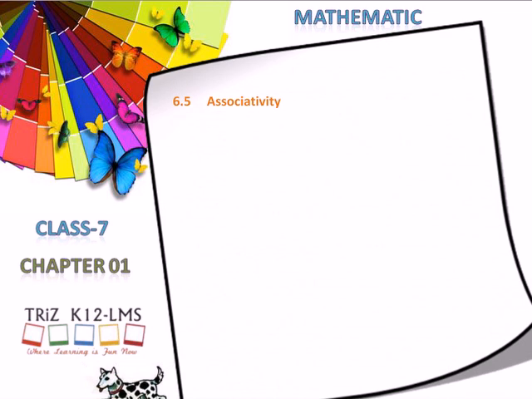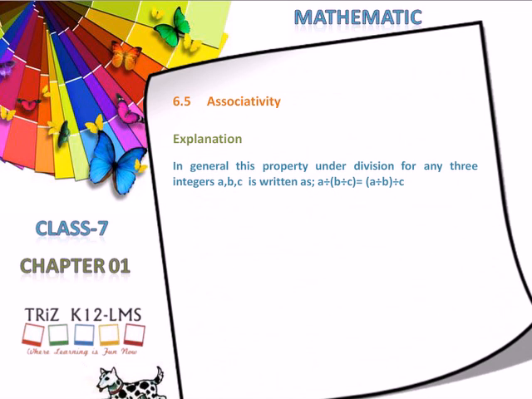6.5. Associativity. Explanation: in general, this property under division for any three integers a, b, c is written as a ÷ (b ÷ c) = (a ÷ b) ÷ c. Let us see whether integers satisfy this property or not.